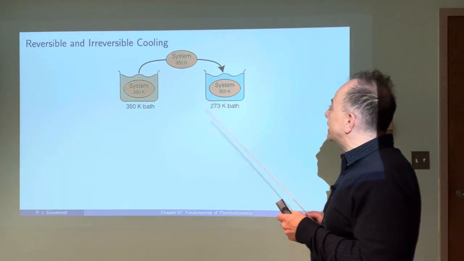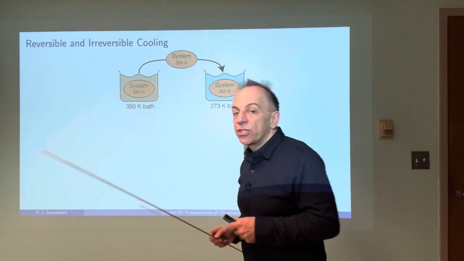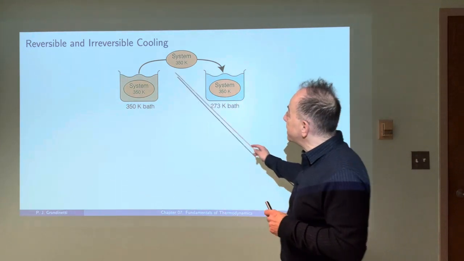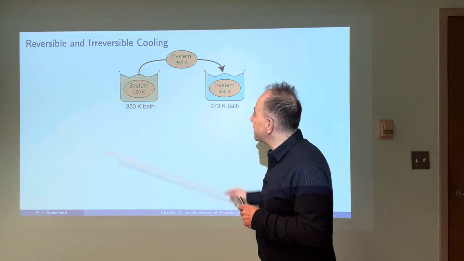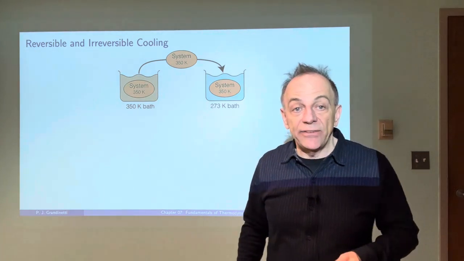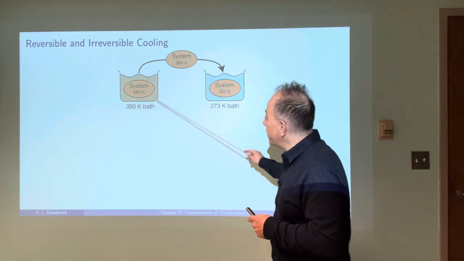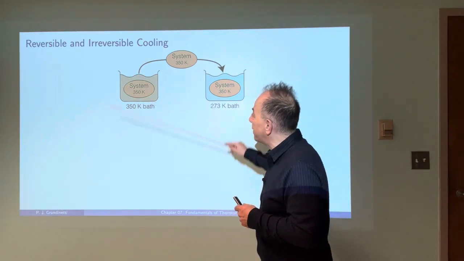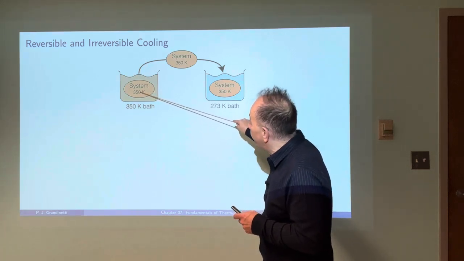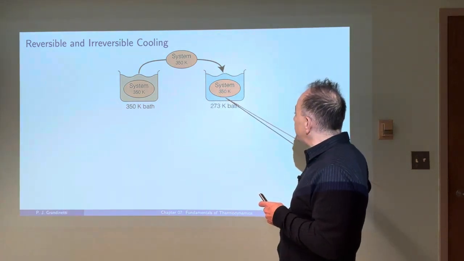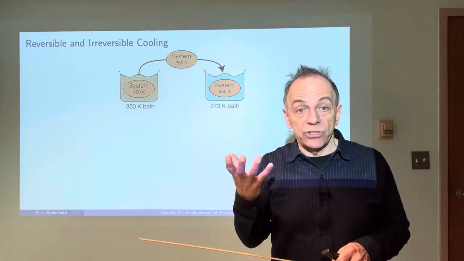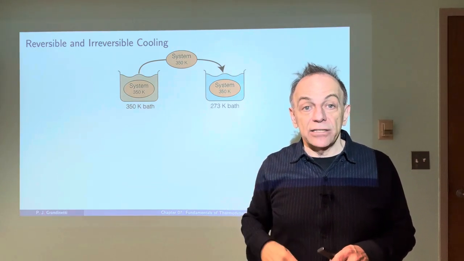So let's look at an example of what I mean in distinguishing between a reversible and an irreversible process. Say you have a system that is at equilibrium in a bath that's at 350 Kelvin. So everything's at equilibrium. The system has reached 350 Kelvin, and we pull it out and plunge it into a bath at 273 Kelvin, where it will start to re-equilibrate to this lower temperature.